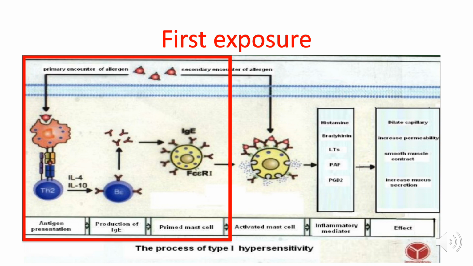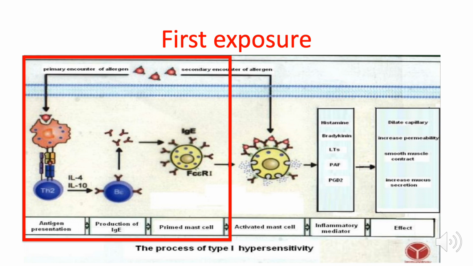The T helper cell will activate B cell to become plasma cells, and the plasma cells will produce the brown colored Y-shaped IgE antibodies. Take note that the newly formed IgE antibodies will bind to the Fc receptors present on the surface of the mast cell or basophil.